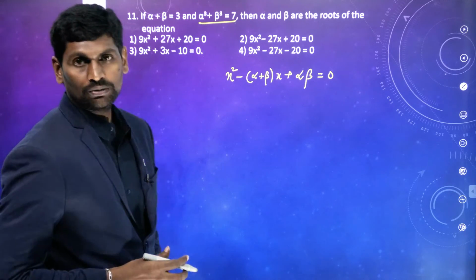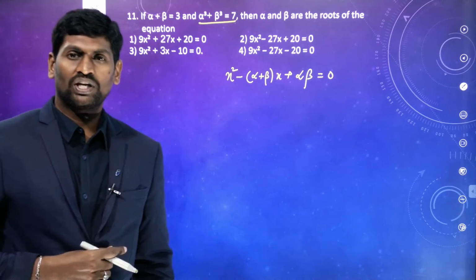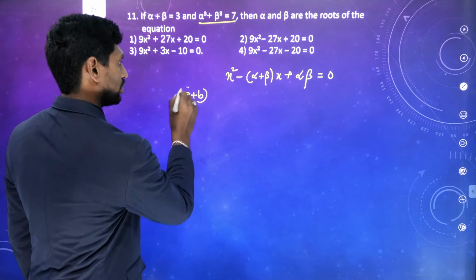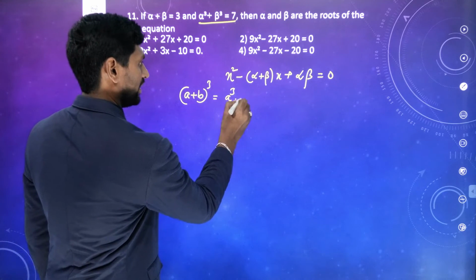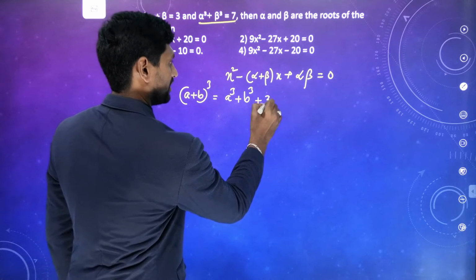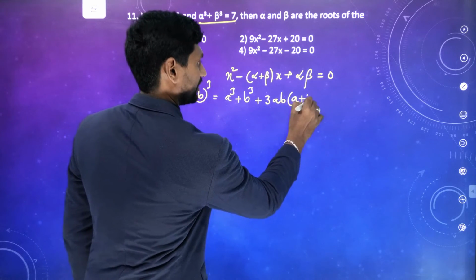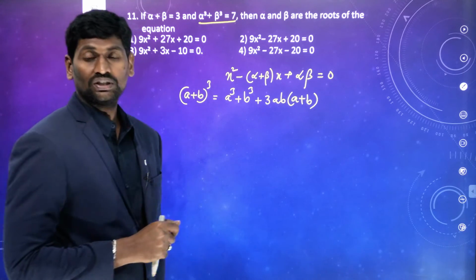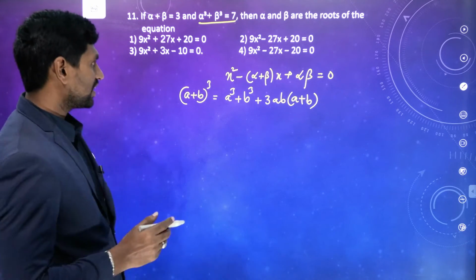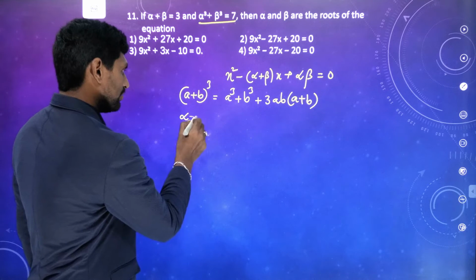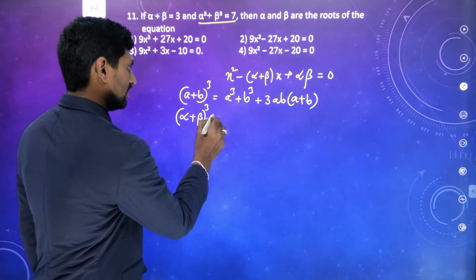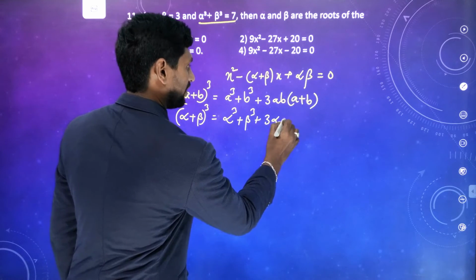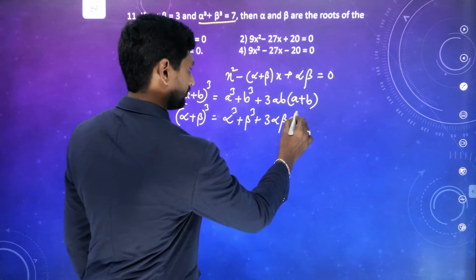Alpha cube plus beta cube is in the a cube plus b cube format, so we apply the (a plus b) whole cube formula: (a plus b) cube equals a cube plus b cube plus 3ab into (a plus b). In the place of a and b we substitute alpha and beta: alpha plus beta whole cube equals alpha cube plus beta cube plus 3 alpha beta into (alpha plus beta).